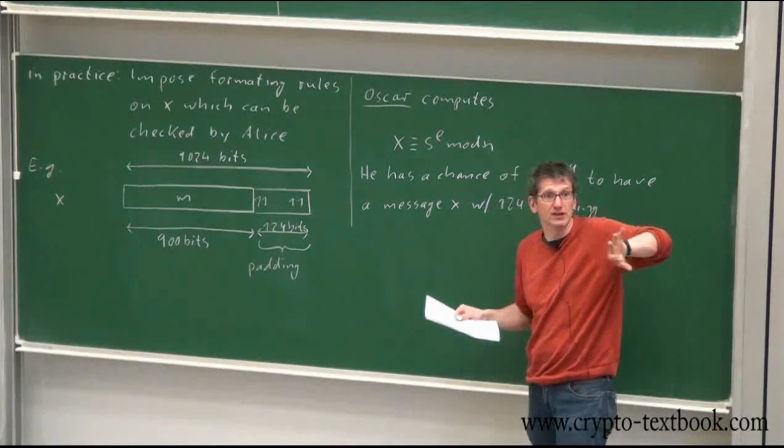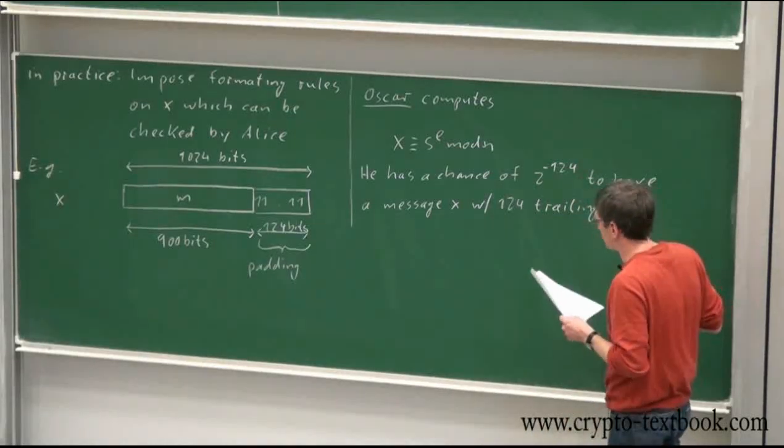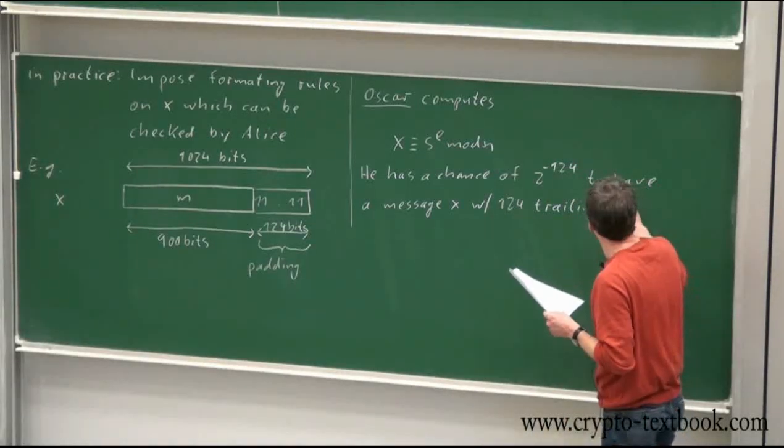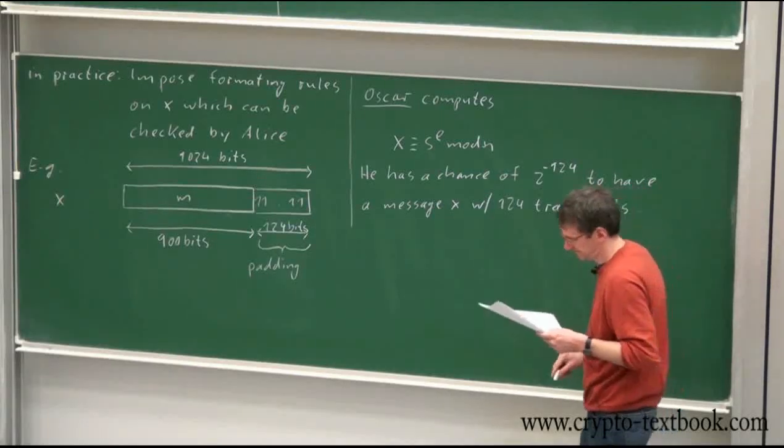Trailing means am Ende stehen, ja? Trailing ones. Okay?